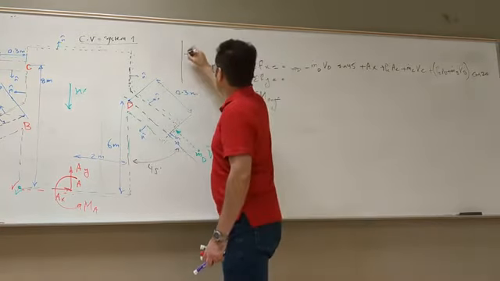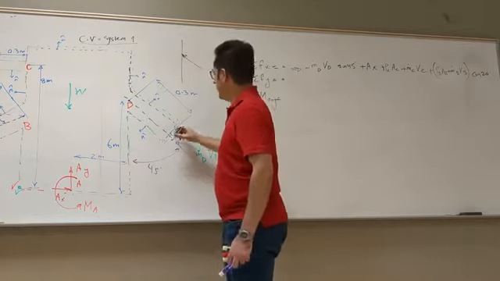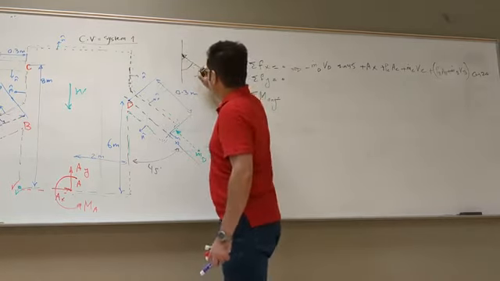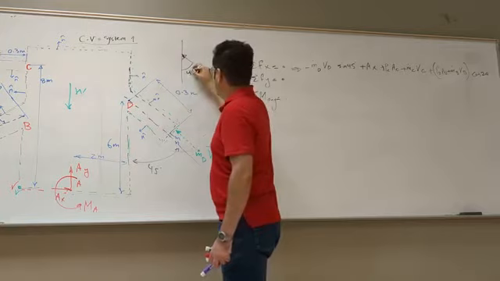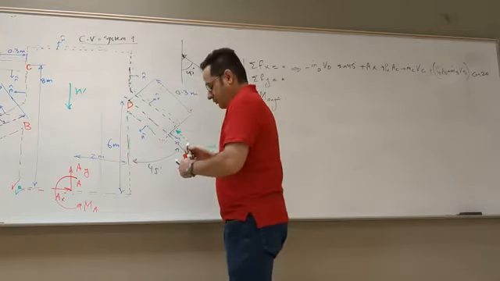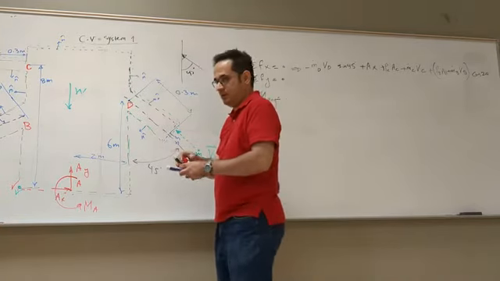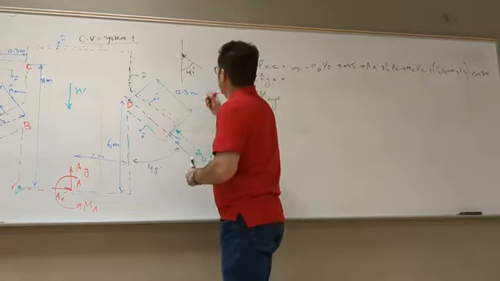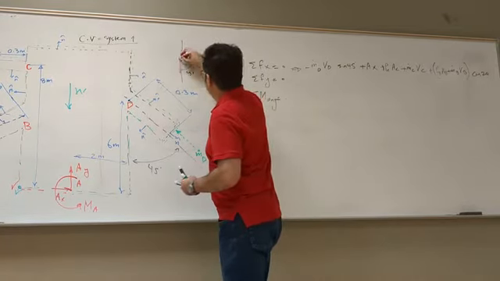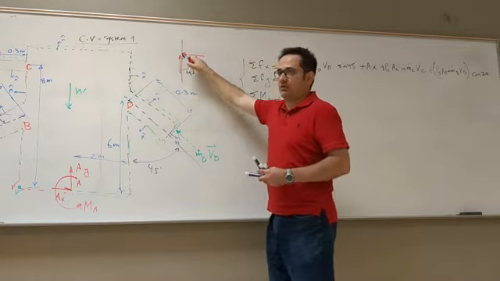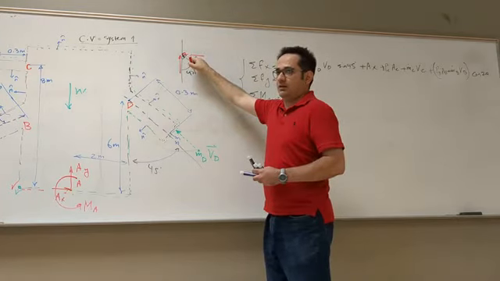Look, it's very simple. Don't make it complicated. This is your vector, right? What's that angle? 45, right? So what do we get for x and y? Oh, I see. Which one is this? Is this sine or cosine? Sine. Cosine.